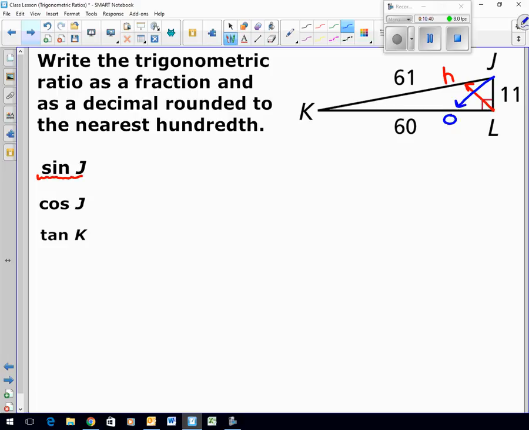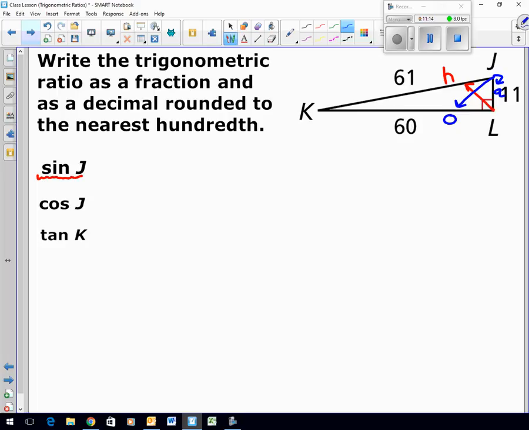Then I go next to angle J and find the adjacent side. O is for opposite, A is for adjacent. Notice which letter didn't change: the H. Your hypotenuse stays the same.